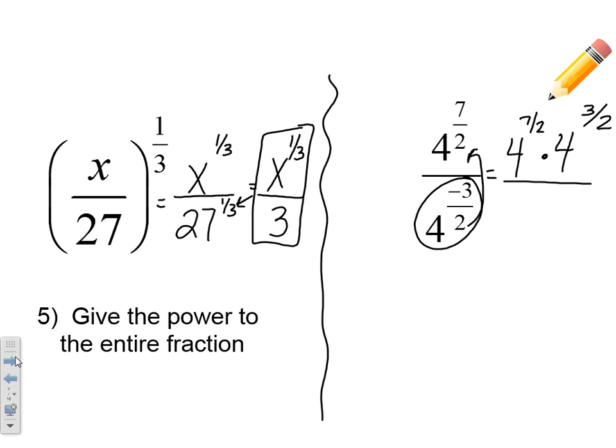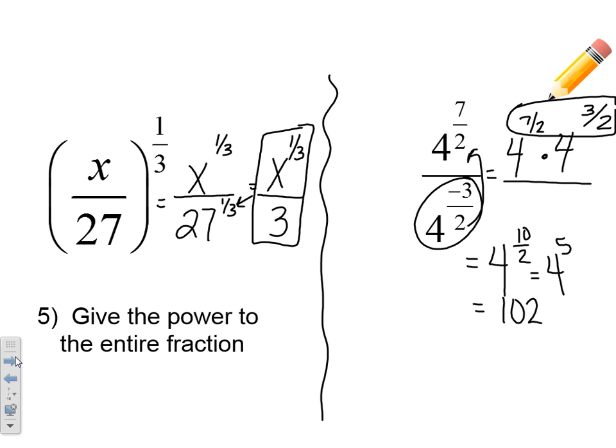And now that they're side by side up there, this is when I add those exponents, making it 4 to the 10/2. 7/2 plus 3/2 is 10/2, which is the same thing as 4 to the 5th. And if you wanted to keep that going even one more step, 4 to the 5th power is the same thing as 1024.